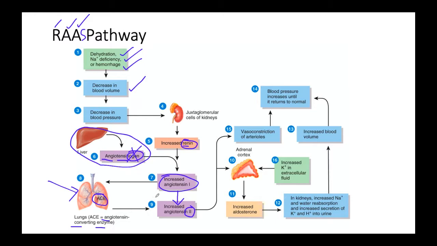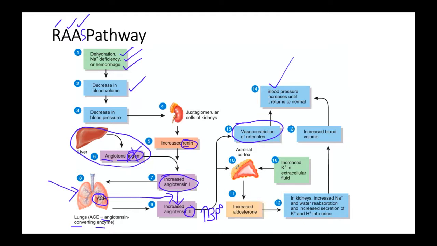So that angiotensin converting enzyme is going to convert angiotensin 1 into angiotensin 2, and angiotensin's job is primarily to increase blood pressure. Well, how do we increase blood pressure? How are we going to do that? Well, angiotensin 2 is going to constrict your arteries, and when you constrict your arteries, blood pressure is restored to normal.